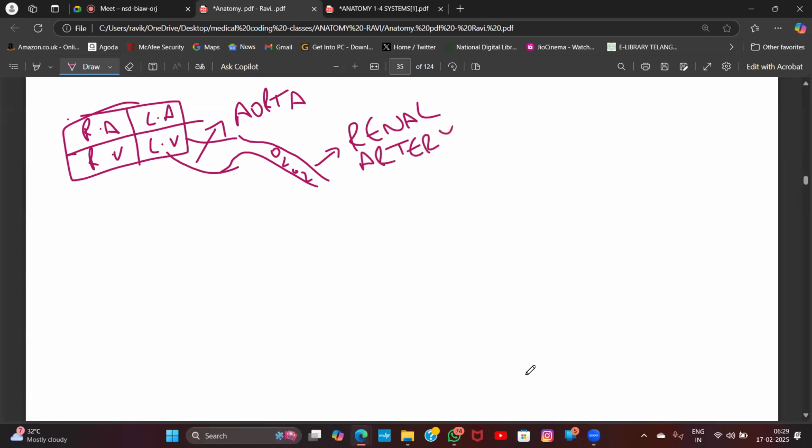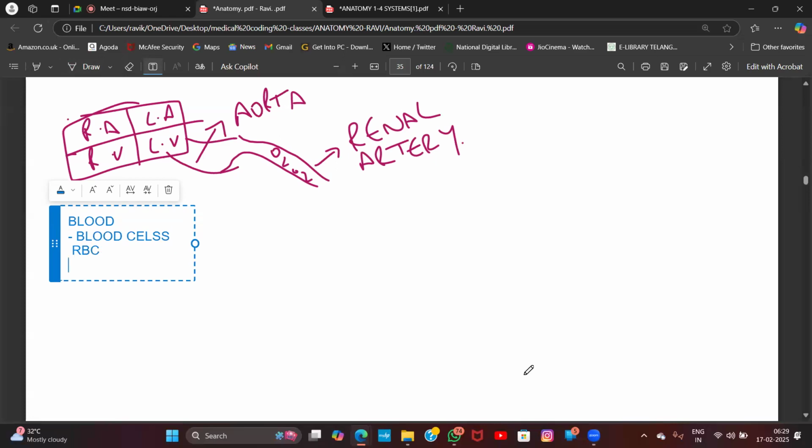Now tell me, what substances are present inside the blood? Blood cells. What are the blood cells? RBC, very good. WBC, platelets. Then plasma.